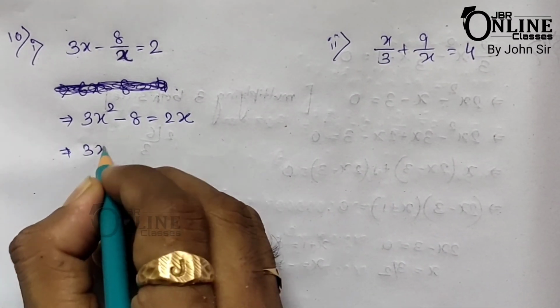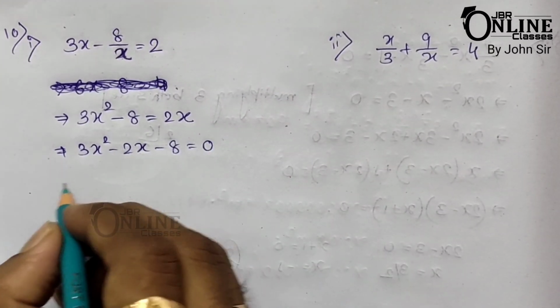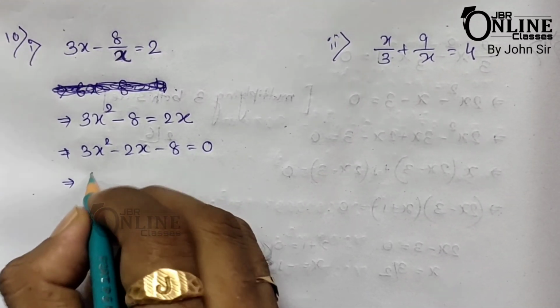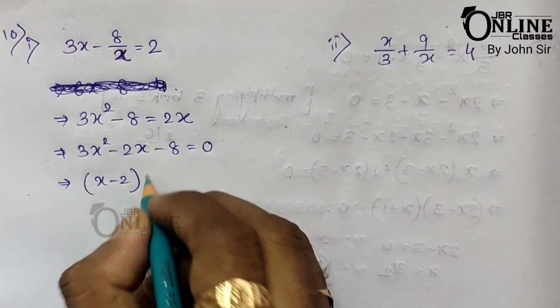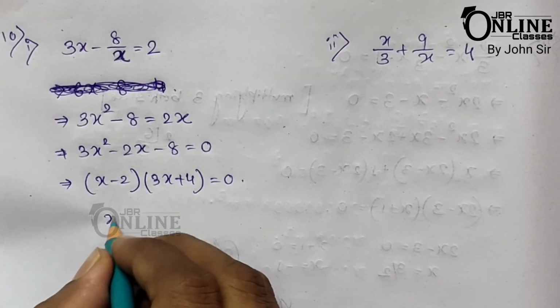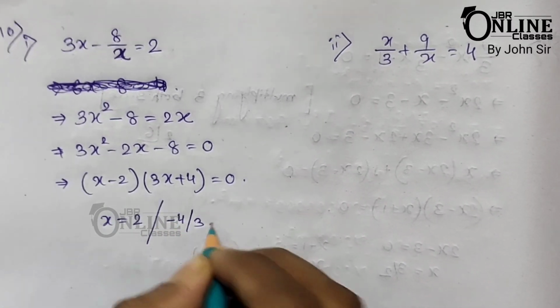So finally 3x² − 2x − 8 = 0. Okay, so now after middle term factorization you will get (x − 2)(3x + 4) = 0. So from that x = 2 or x = −4/3.